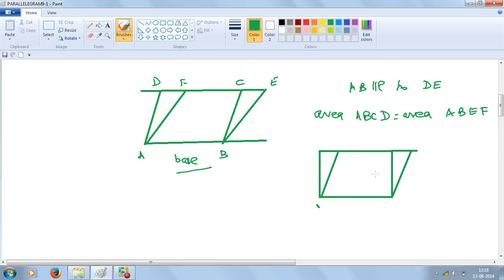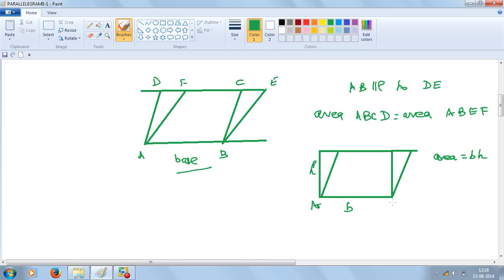What is the area of the square? It is simply the base times the height, so area is equal to B times H. What about the area of the parallelogram?